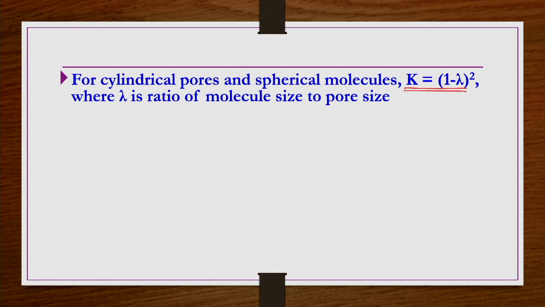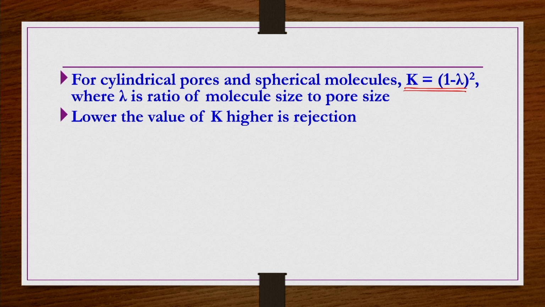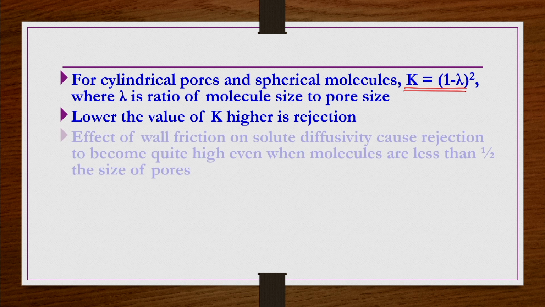Now, in general for cylindrical pores and spherical molecules, the partition coefficient K is given as 1 minus lambda whole square, where lambda is the ratio of molecule size to pore size. The lower the value of K, the higher the rejection in general.